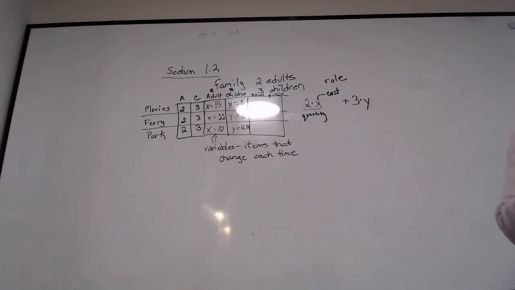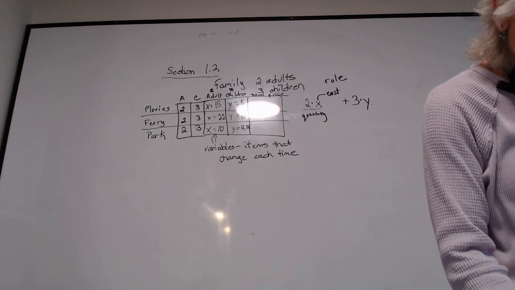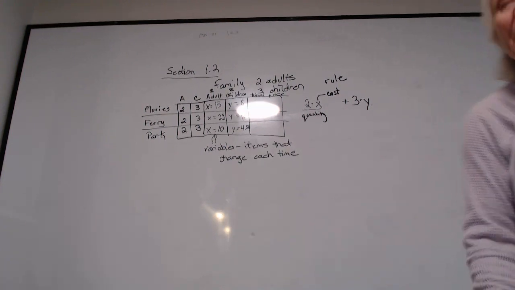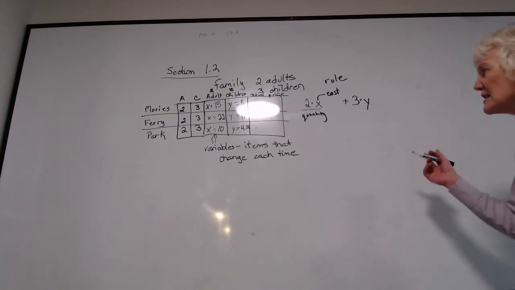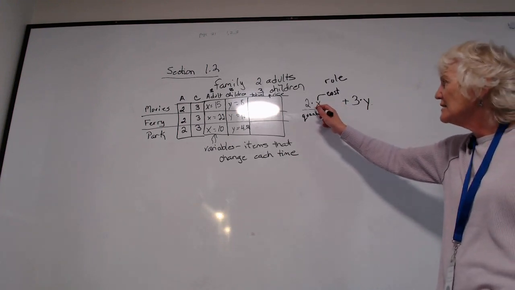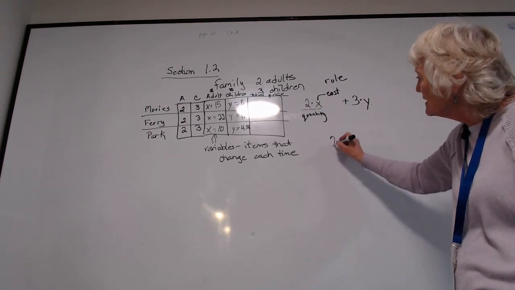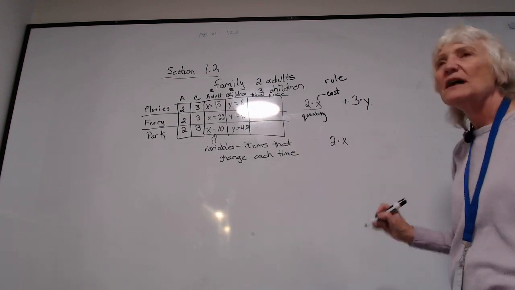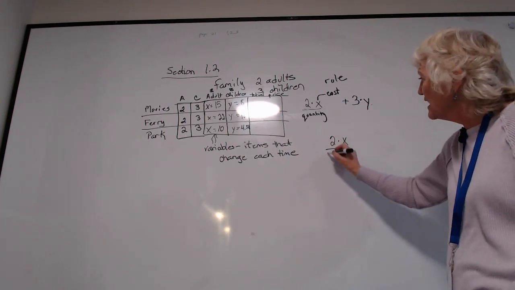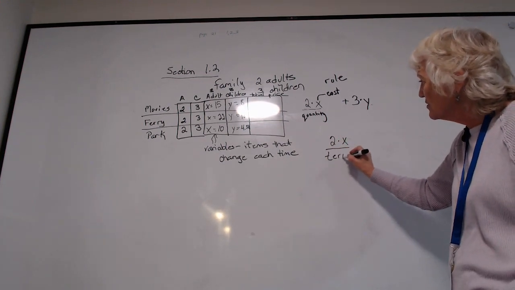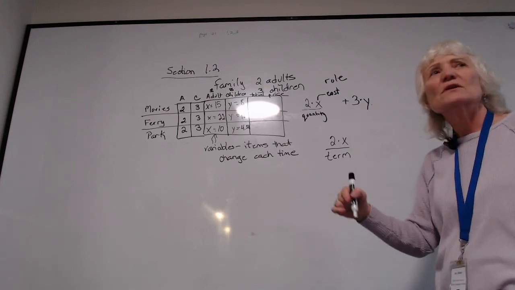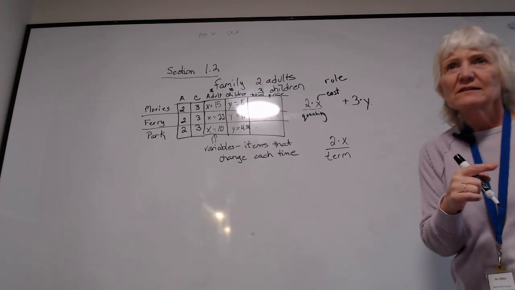Okay, so when we're looking at these, there are different words that we look at. Okay, so anything that's multiplied together like 2x, that is called a term. A term is something that's multiplied or divided.